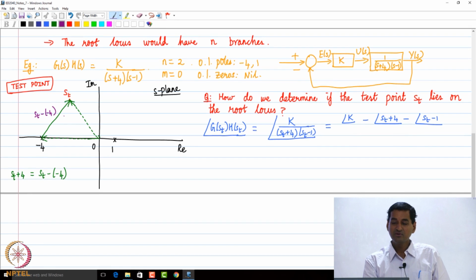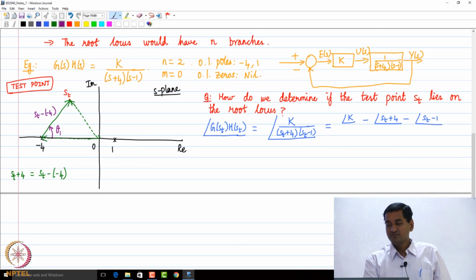So what is the angle made by that with the direction of the positive real axis? It's going to be this. Let's call this theta 1.